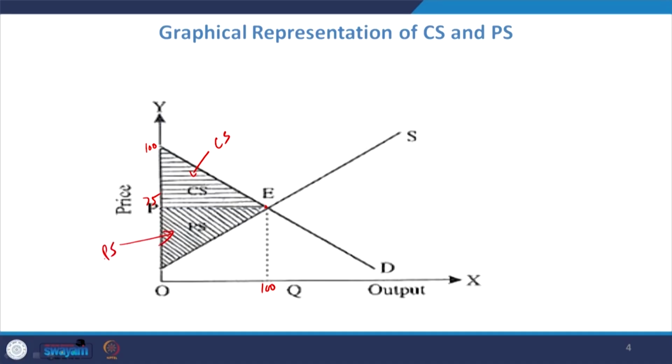Now, one important aspect here is that we assume that price is given, but if there is a change in the price of the product, then the welfare of the consumer will be affected positively or negatively depending upon how the price is changing. Take the demand curve.